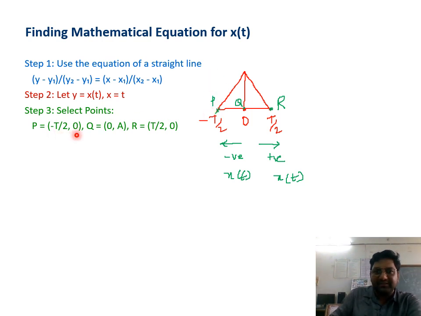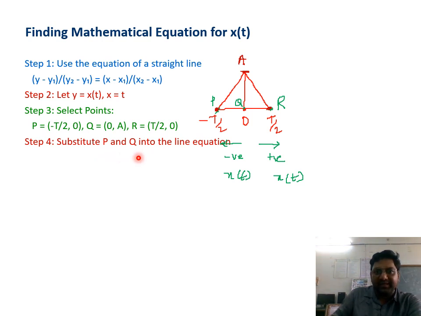So the first coordinate is minus T by 2 comma 0. Then at 0 we have some value, that is, 0 comma A. Not to forget that the amplitude of the signal is A, whereas here it is 0, and here it is 0. So Q is 0 comma A, and for R it is T by 2 comma 0. So we have got the coordinates.